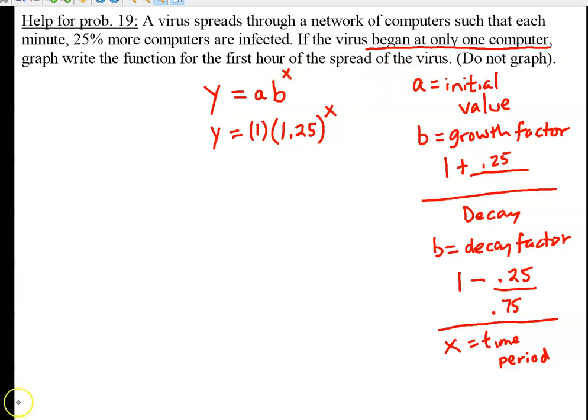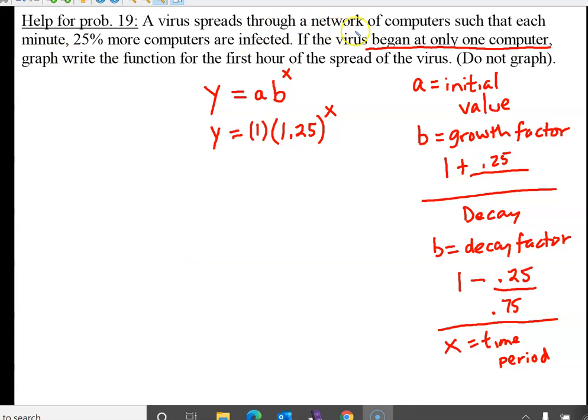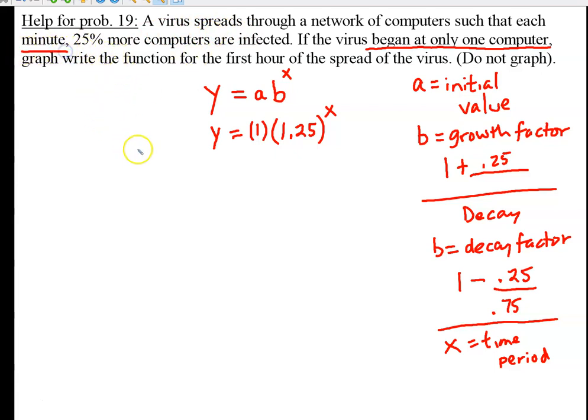If you read the problem, yes, we want a function that will tell us the spread of the virus for the first hour, but the rate of the spread is per minute. Notice that first phrase: a virus is spreading such that each minute 25% more computers are infected. So in this particular case, X is going to be a number of minutes.